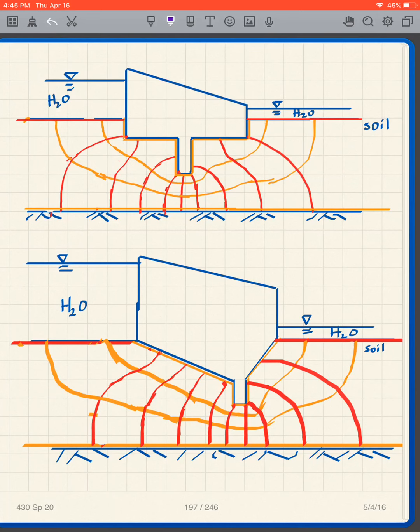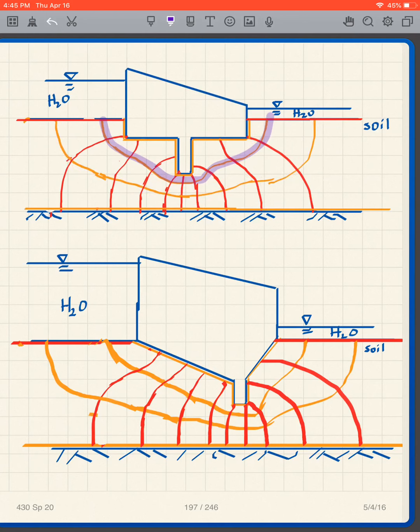And here we call these lines the flow lines. That's a flow line. That's a flow line. If we followed a particle of water here, that particle of water would take this path. And then the other extreme is a particle of water that basically just goes along the bottom like that.